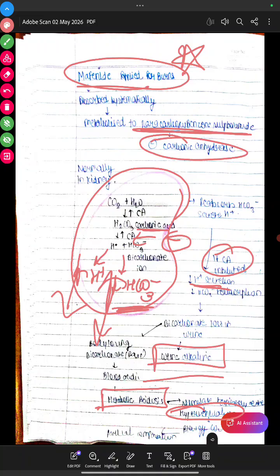The body is losing base, so blood is becoming acidic, so metabolic acidosis happens. Because of metabolic acidosis, our body will try to expel CO2 also, because CO2 is an acid, so that causes hyperventilation, a compensatory mechanism. That is why hyperventilation or tachypnea will happen. That's it, the video is over. Thank you very much.